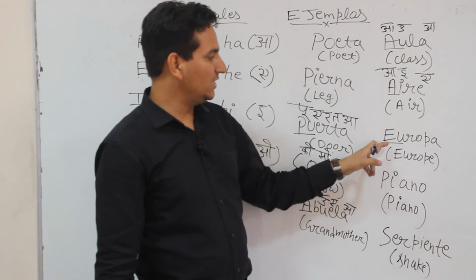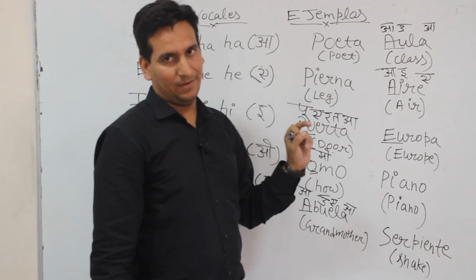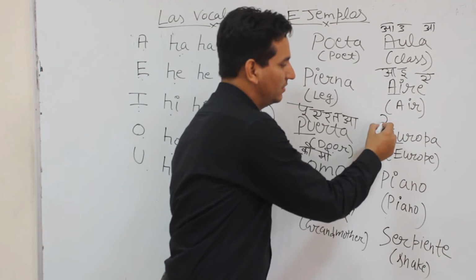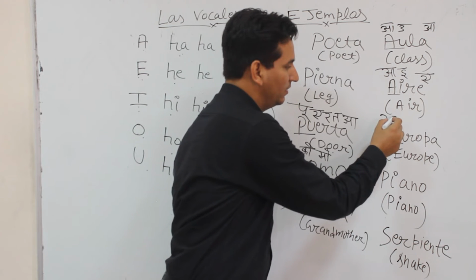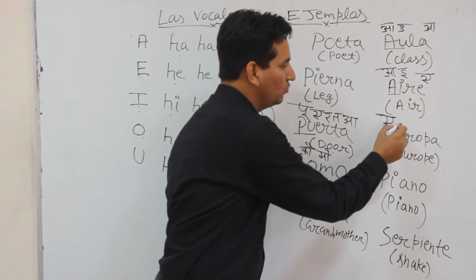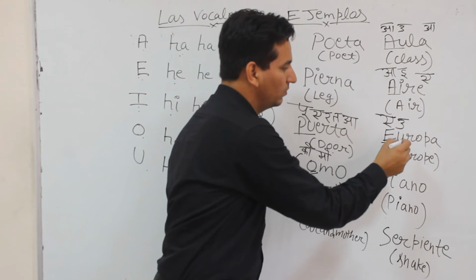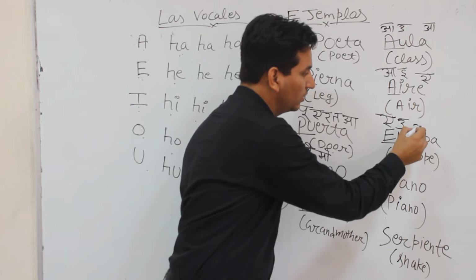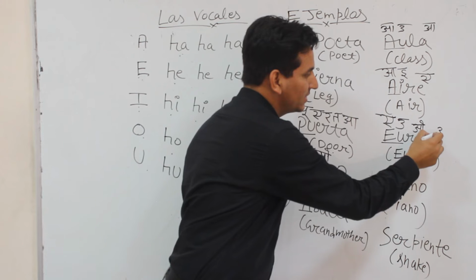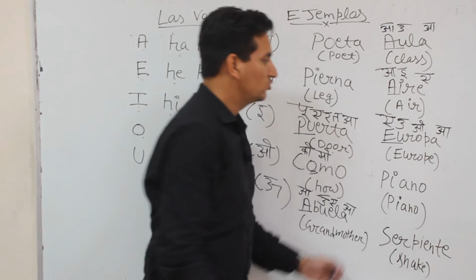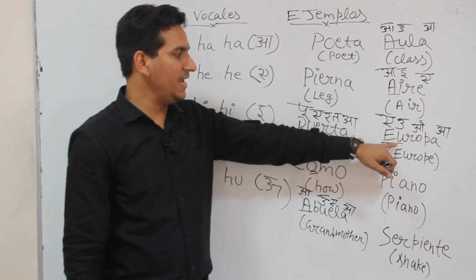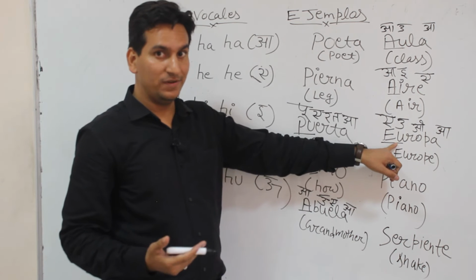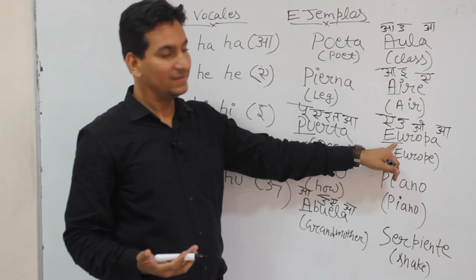The next is EUROPA. E is A, U is U, O is O, A is A. Any guesses how we will pronounce this?